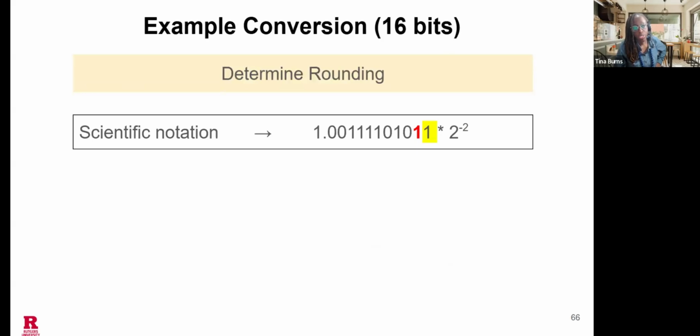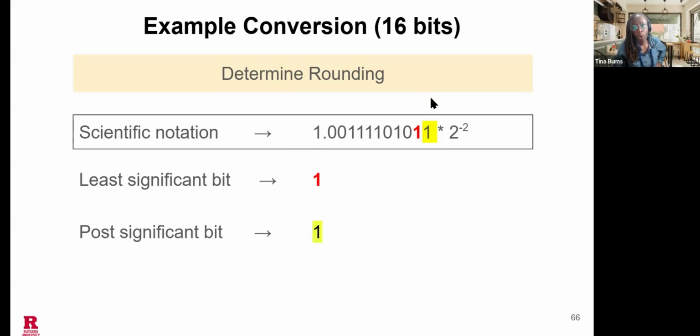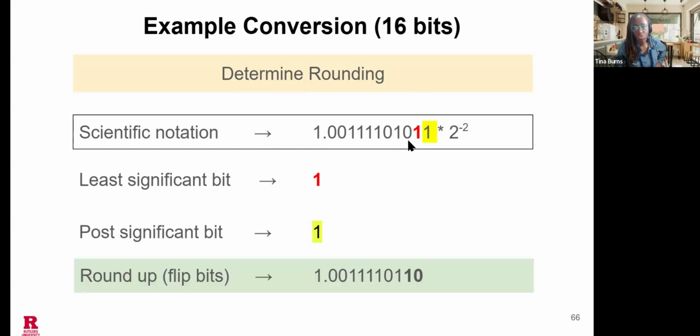Now, what I want to show you is that this is going to have a different rounding opportunity. This 10th spot is still our least significant bit, but our next significant bit is 1. So that means, like I was saying before, because that bit is 1, we have to flip this.